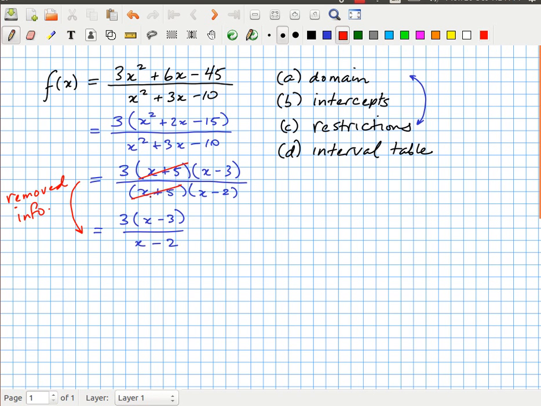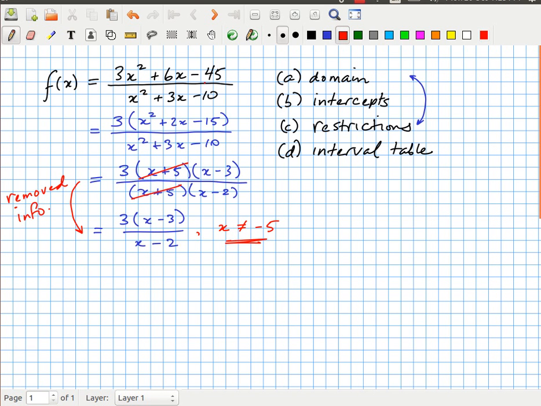Well, we know we're not allowed to divide by 0, so now that we've removed this factor, we should indicate, by the way, to anybody who's reading this, that x is not allowed to be negative 5, because I've taken out that piece of information, and so this is essentially preserving that information.